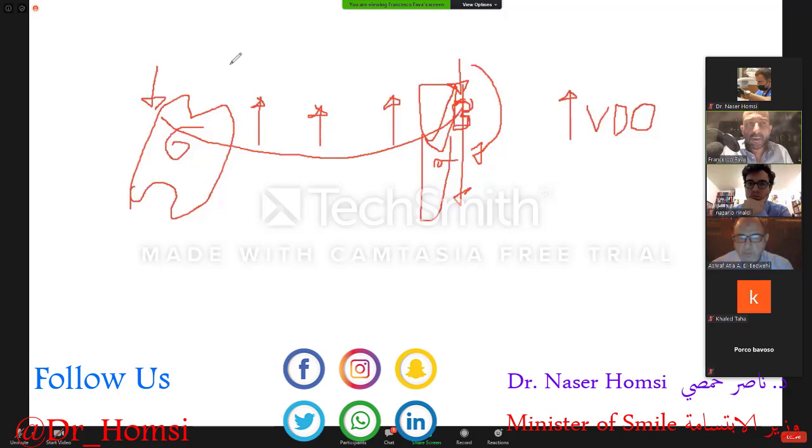Then the forces of a superelastic wire, even the lightest force, exceed the forces required for incisor intrusion. We know that to intrude an incisor we need very gentle forces, about 10 to 15 grams. And we know from the literature that even the lightest superelastic wire generates 25 grams.